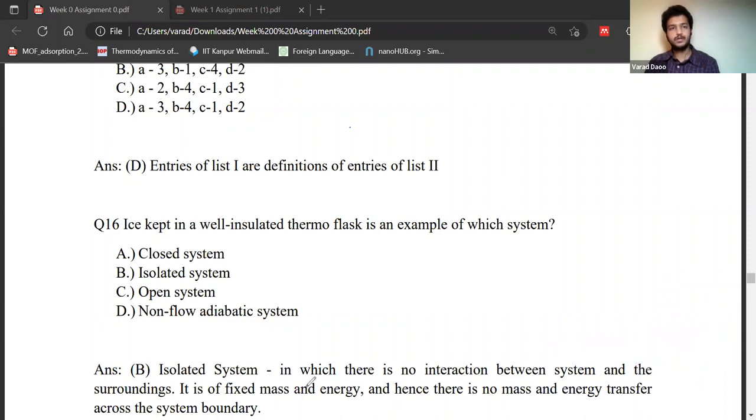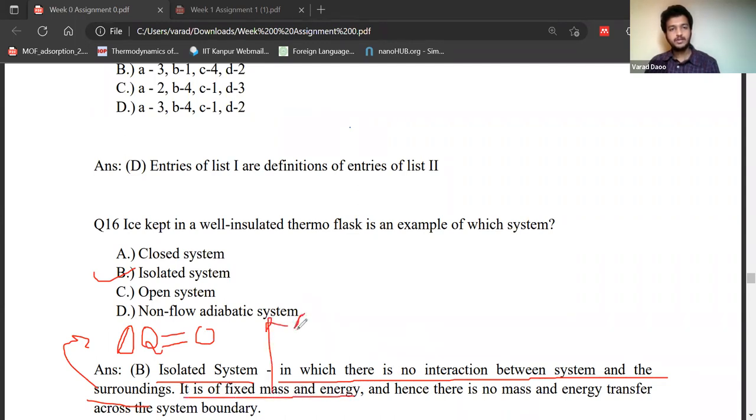So the answer is isolated system. Okay, the answer is option B. So what is an isolated system? One in which there is no interaction between system and surrounding. That means delta Q is equal to 0. It is of fixed mass and energy.